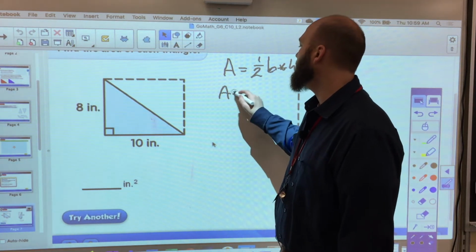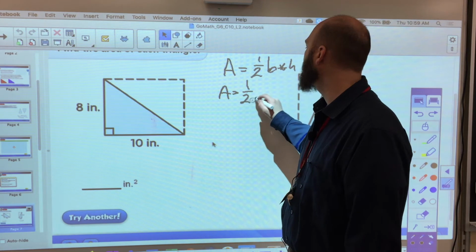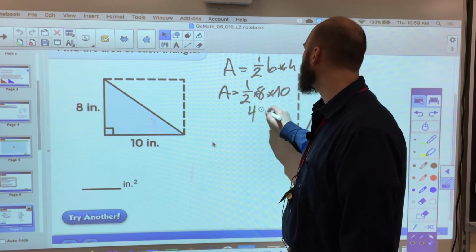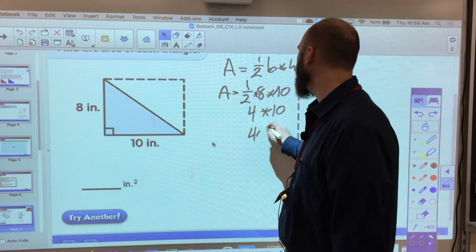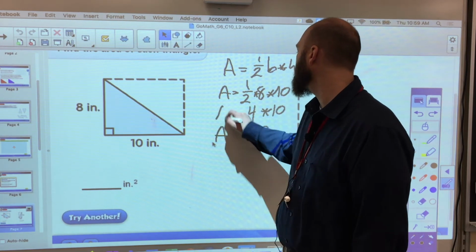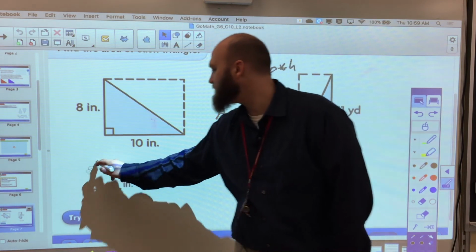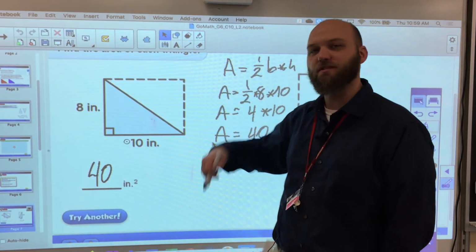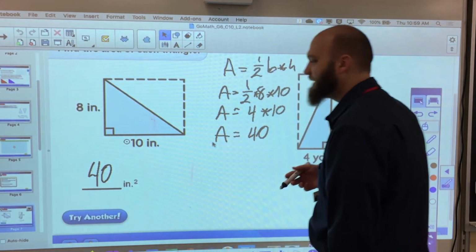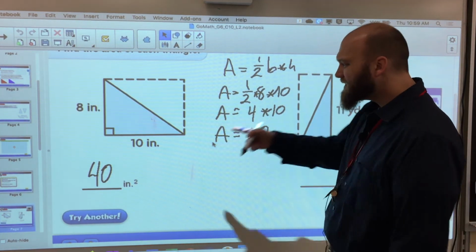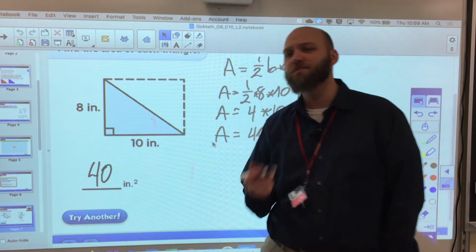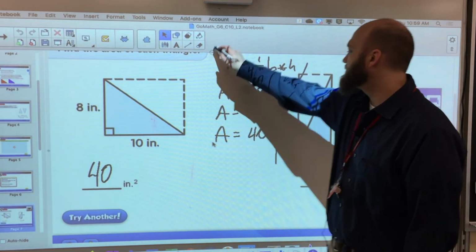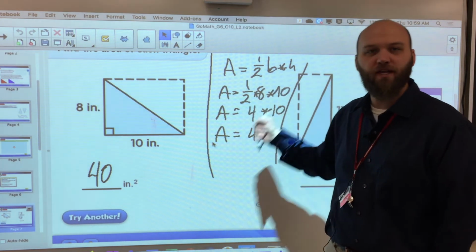Area equals 1/2 times 8 times 10. Well, 1/2 of 8 is 4. 4 times 10 is 40. My area equals 40 inches squared, because we're still talking about two dimensions, a height and a width. It is a squared dimension. If we're looking at the rectangle itself, it would be 8 times 10, which is 80, so obviously half of that works.